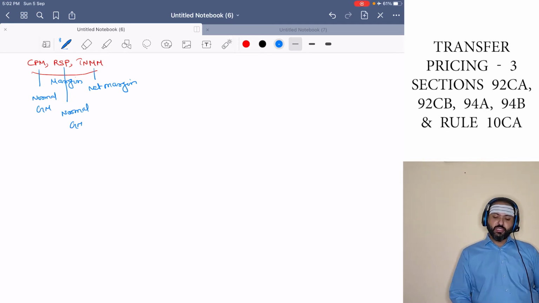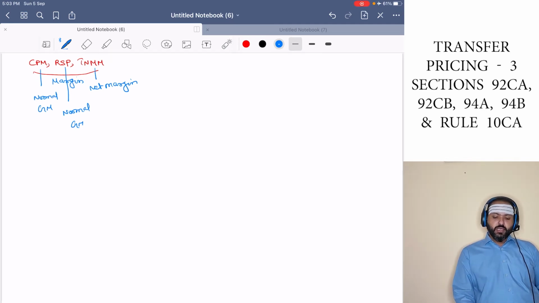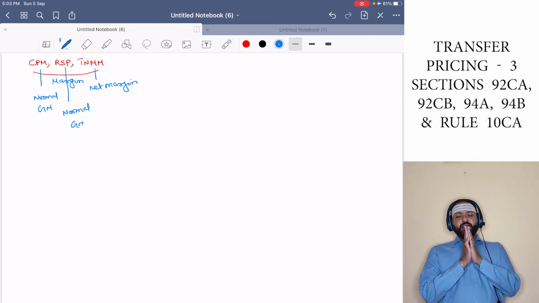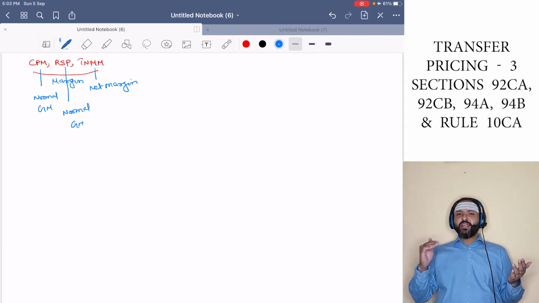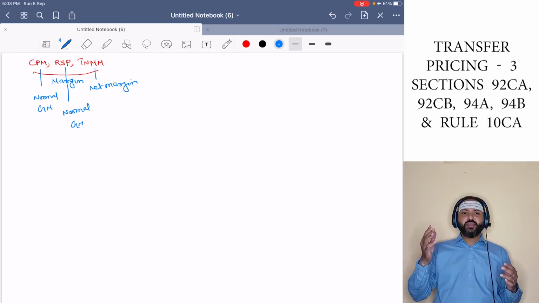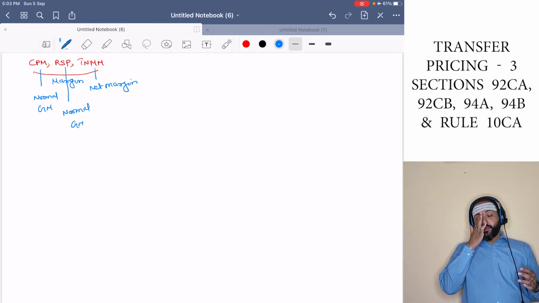Now what was the issue that they saw here? See, what am I doing in this range concept? I am taking the data of 7 or 8 comparable companies, arriving at the bandwidth, or arriving at the arm's length price.